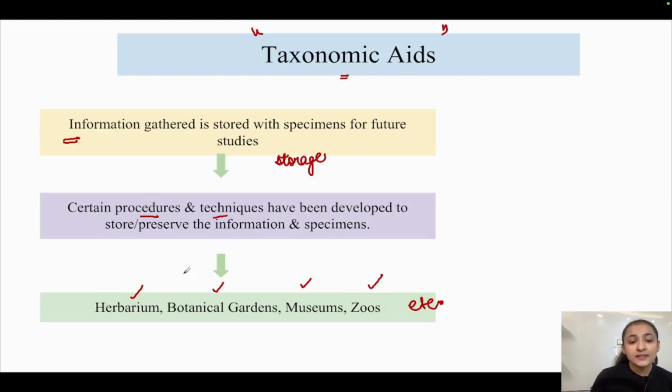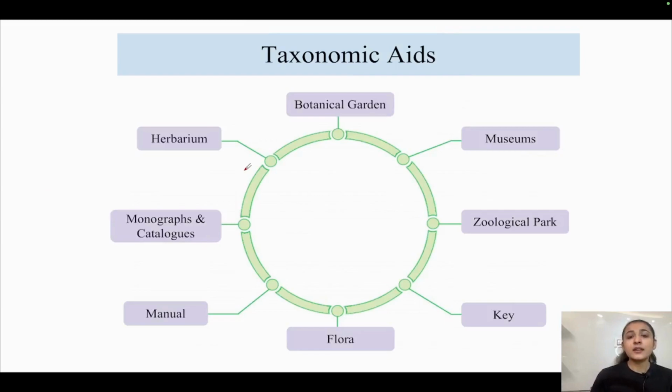These represent the repository where the data about the specimens and the specimens themselves are stored. We studied herbarium, botanical gardens, museums and zoological parks in the previous slide. Then keys, flora, manuals, monographs and catalogs are also there.